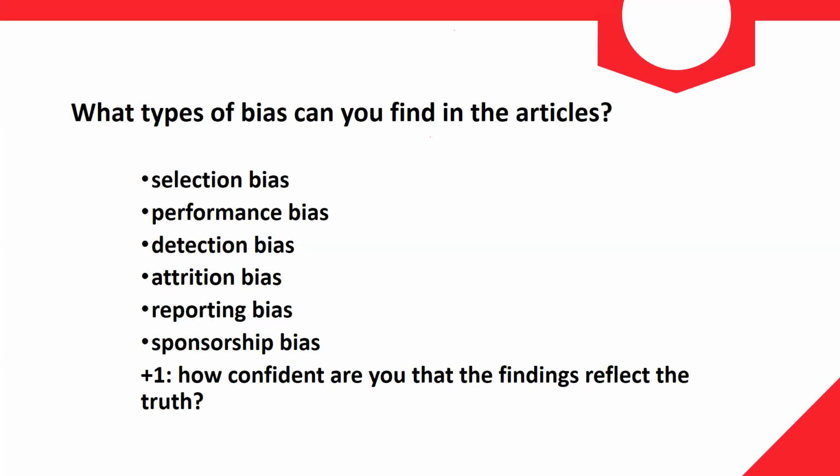And we have checked that, and we think that this paper does not carry a significant risk of reporting bias. And regarding sponsorship bias, it can be checked in the acknowledgement section.